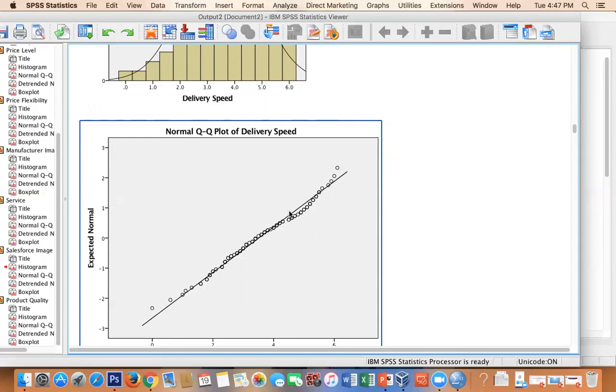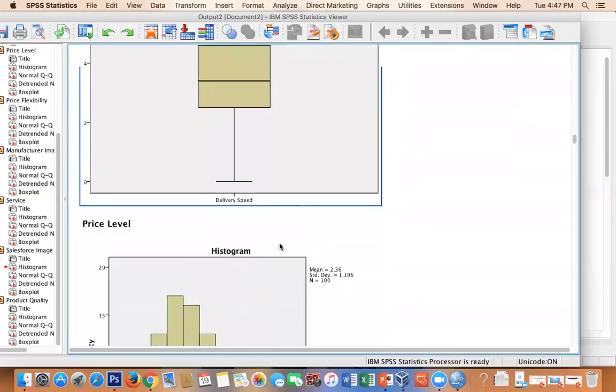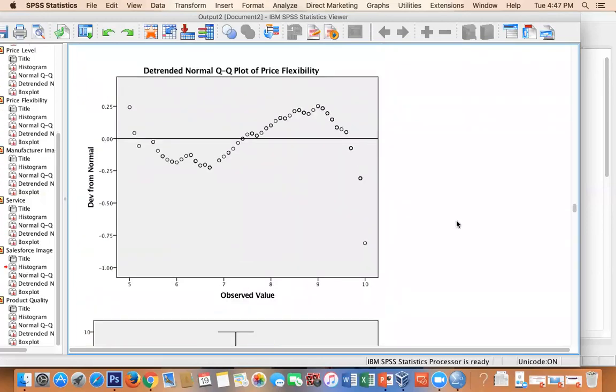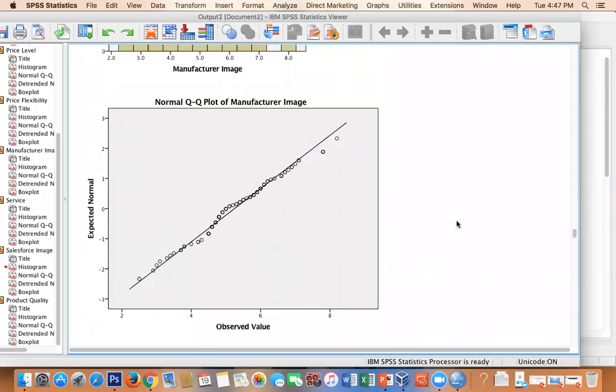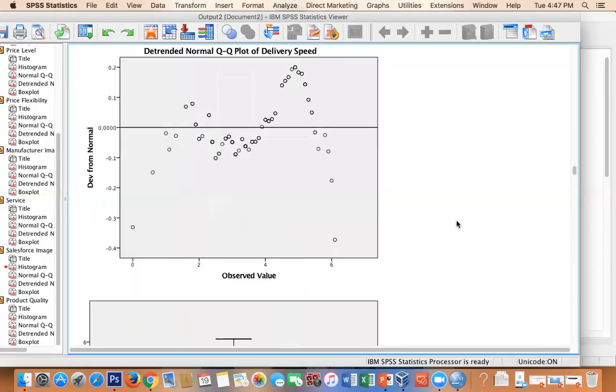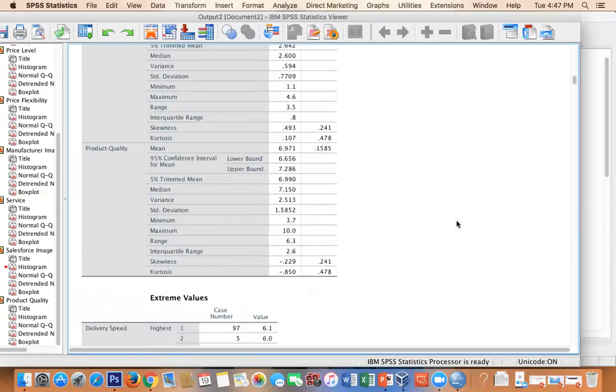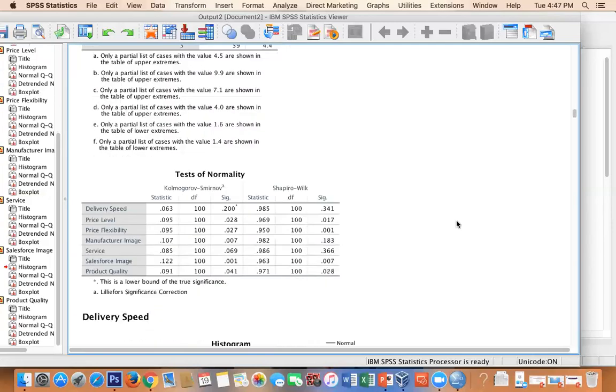It's pretty much hugging the line, all the graphs. So I would not do too much to this, except for a few variables here and there. I generally wouldn't do anything to this data set, honestly speaking.